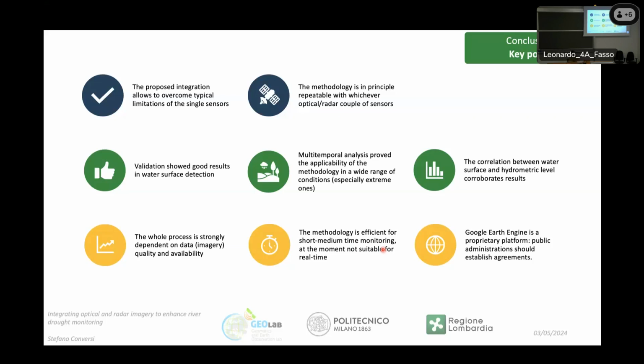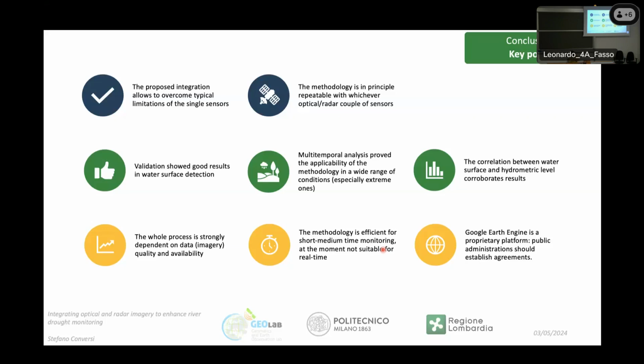Then this methodology, until now, can be used for short and medium term monitoring, but not for real-time monitoring, because as I said before, we need several images, and so we cannot take the input as a real-time input.